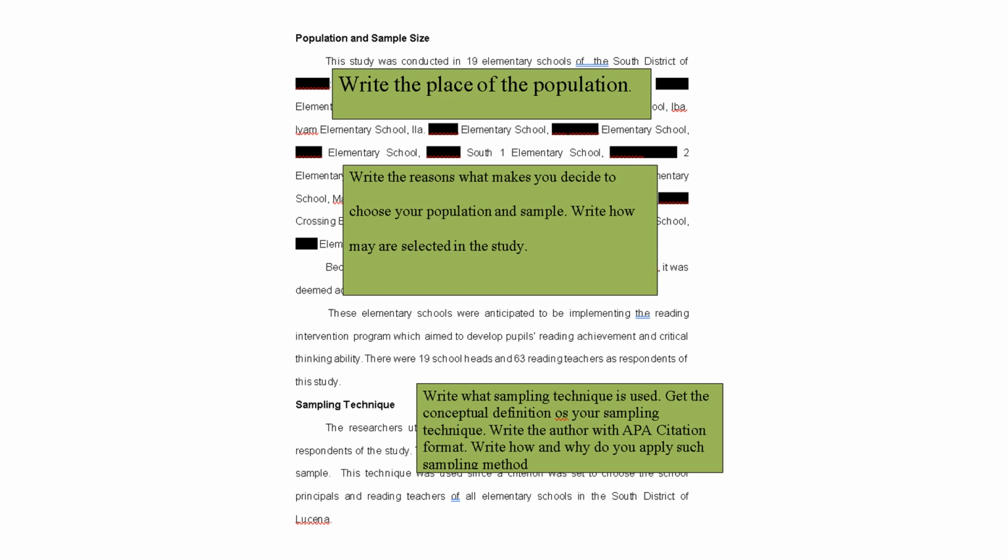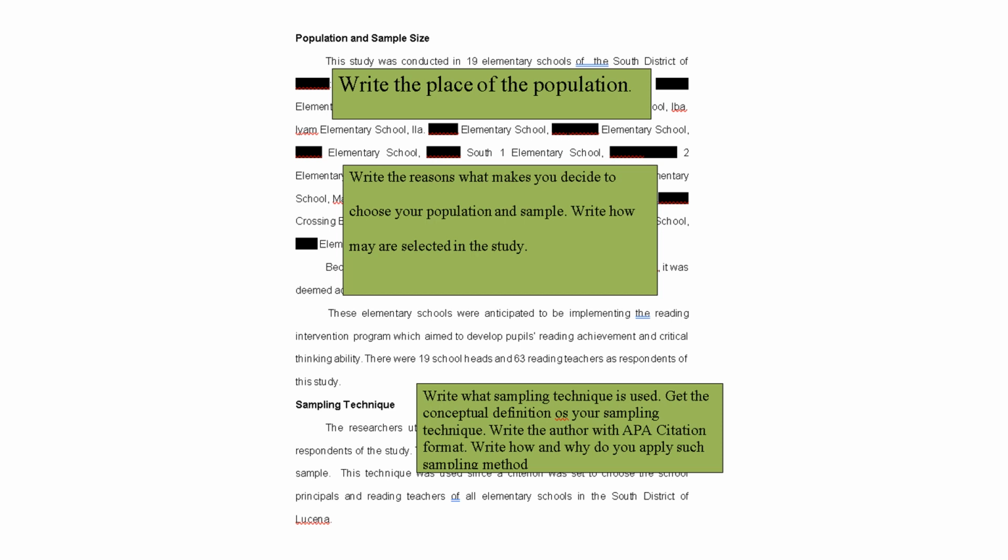Then write how many are selected in the study. How many are selected in the study? Many are selected in the study because you have your sampling technique.